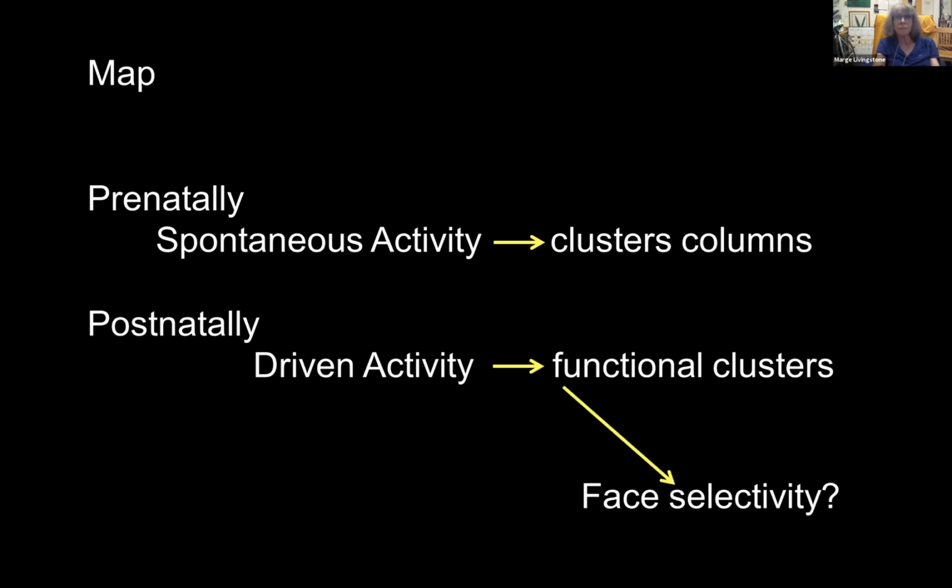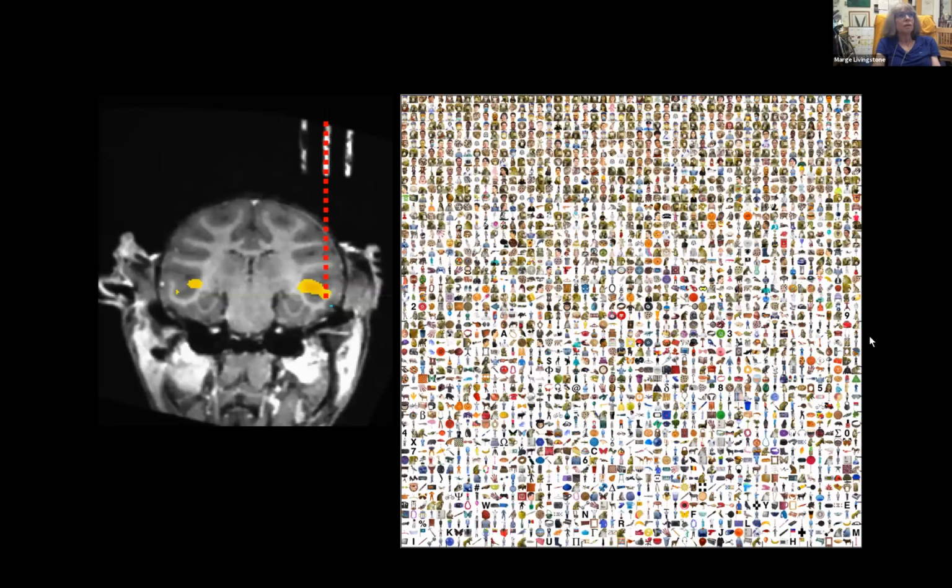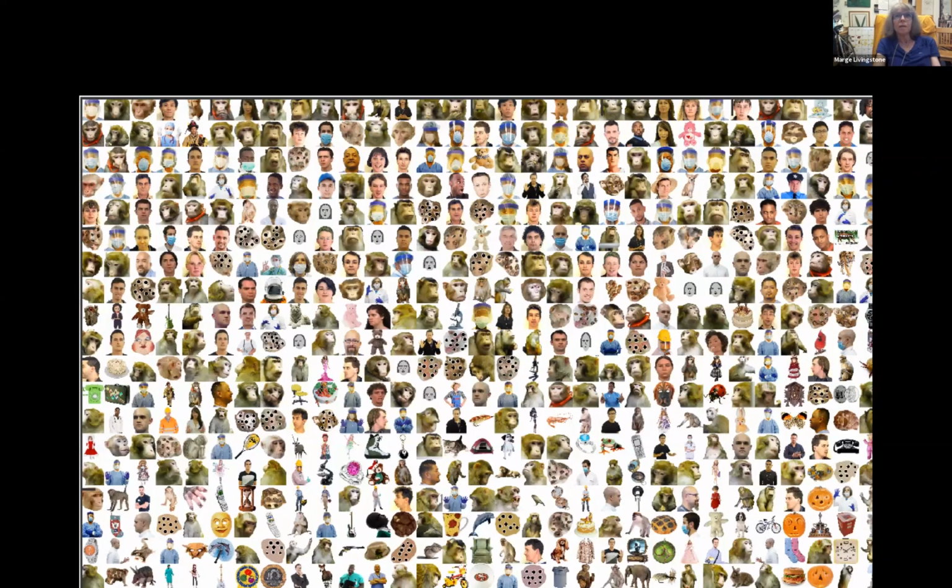including faces. So here's a recording from a face neuron and 2,550 images rank ordered by how one face cell responded. So all the top images are faces, and if I blow up the top part, you can see that they're all faces.